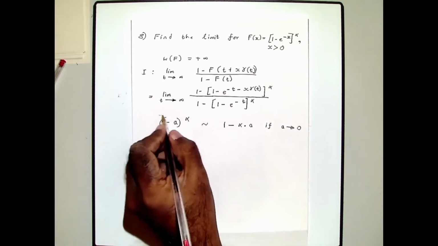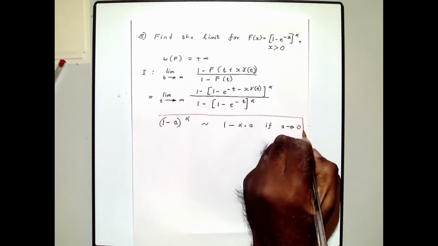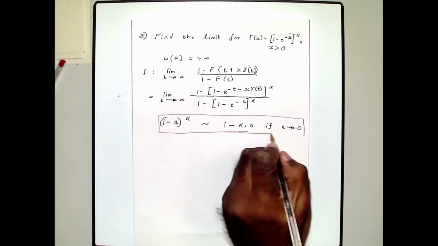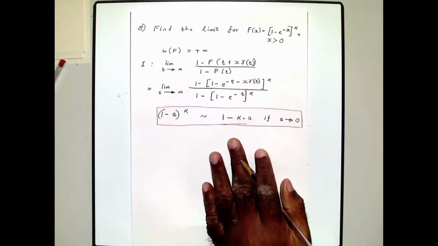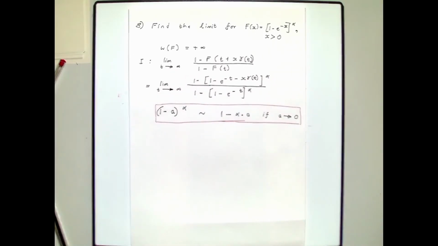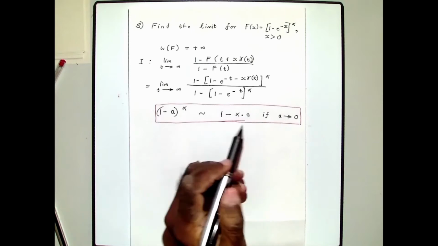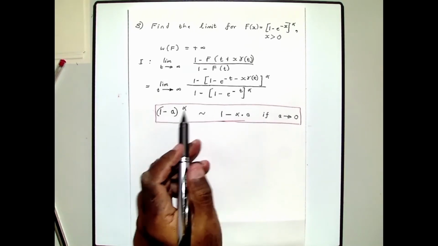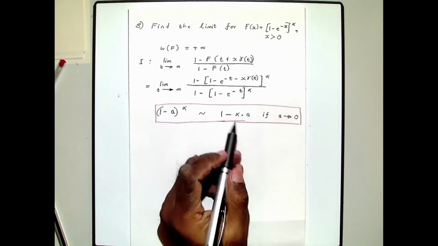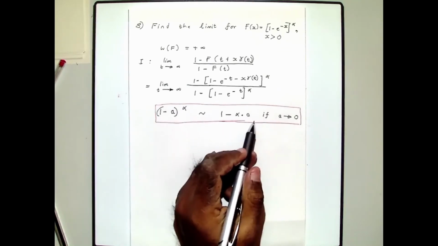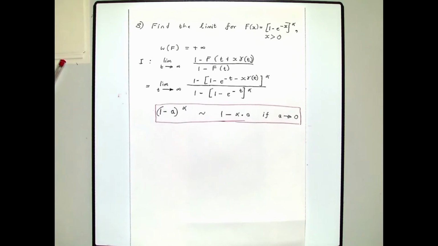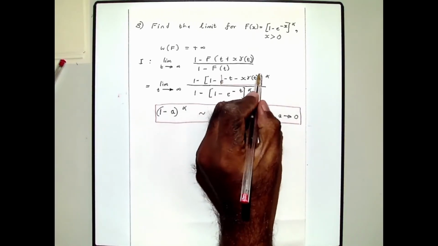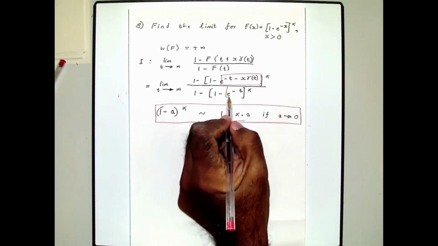This is basically the binomial series, but taking account of only the first term, right? The first term of the binomial series. So what I'm saying is that if a approaches 0, then 1 minus a to the power alpha can be written as 1 minus alpha times a. Now, you should look over here, guys. You should look at this term here and this term here.